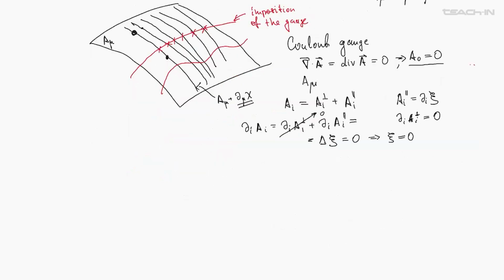So this means that indeed, from this point of view, we are killing the longitudinal part of the electromagnetic potential, and we are left only with the transverse part, which represents 2 degrees of freedom of an electromagnetic wave, or in quantum theory, this will correspond to 2 physical degrees of freedom of a photon.